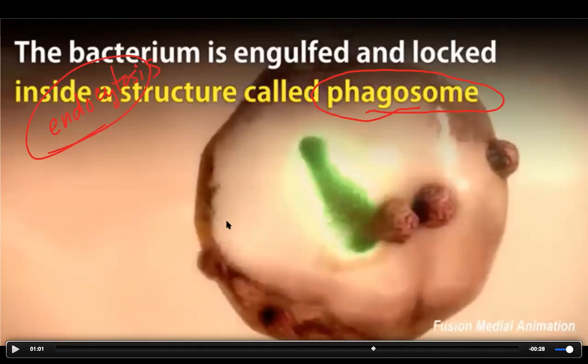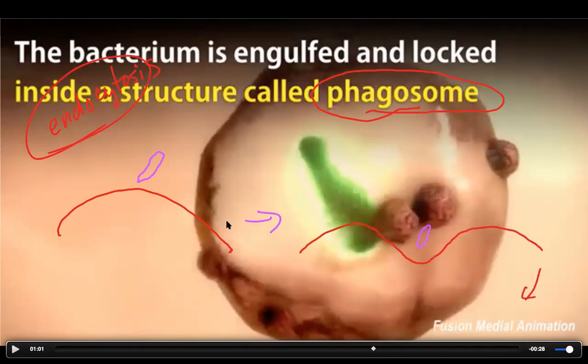So just in case you don't remember that, that's when you have a cell membrane like that. And let's say here's your bacterium. What's going to happen is the cell membrane is going to start to fold in like this and kind of swallow the bacterium.